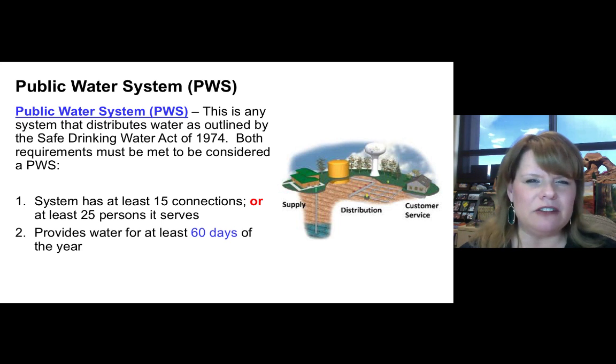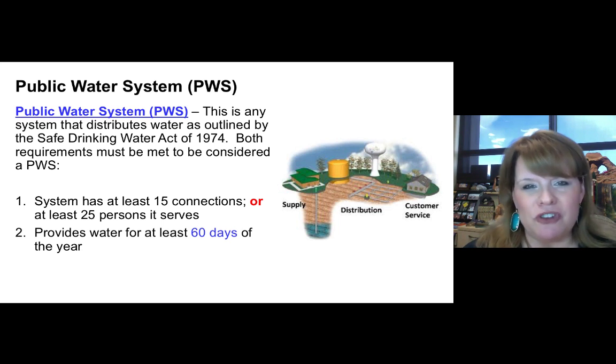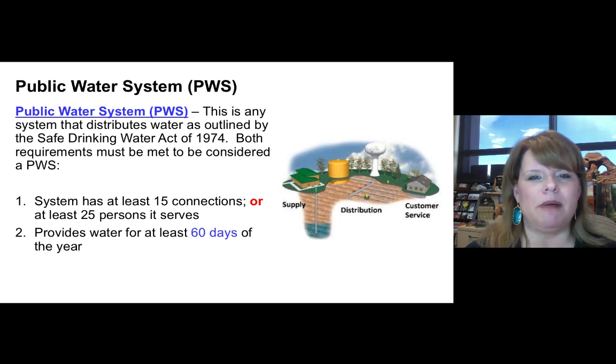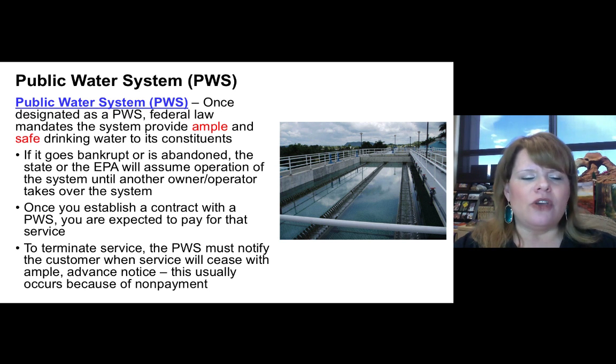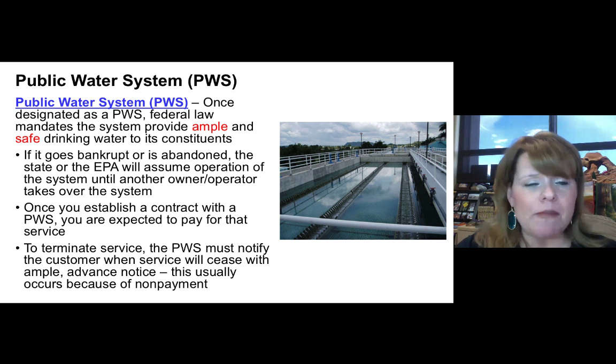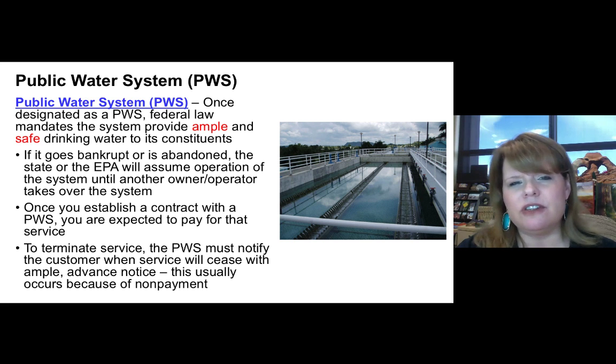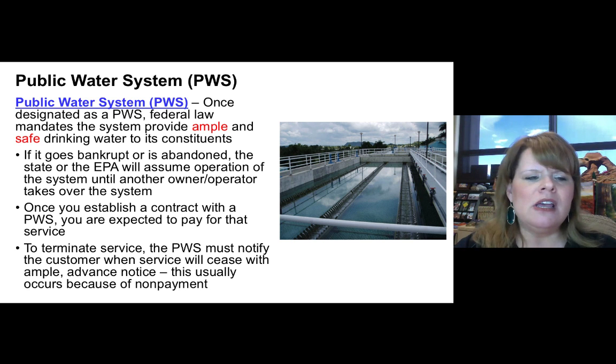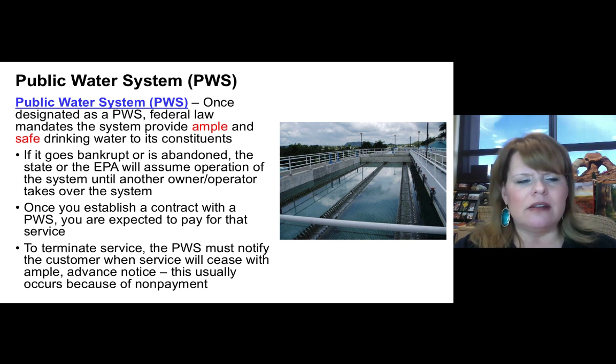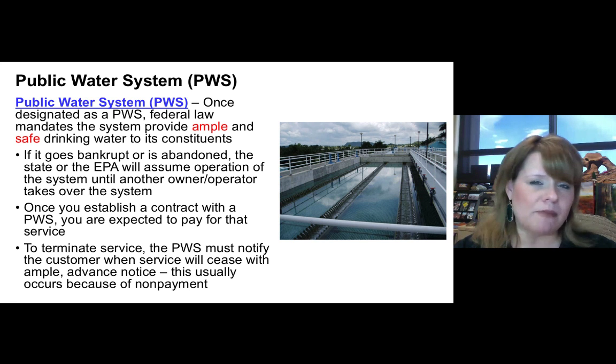So once you become a public water system, whether you knew it or not, you are permanently a public water system. As I mentioned, once designated as a public water system, the federal law mandates that the system provide ample and safe drinking water to its constituents, which are its customers. If it goes bankrupt or is abandoned, the state or EPA will assume operation of the system until another owner and operator can take over the system.